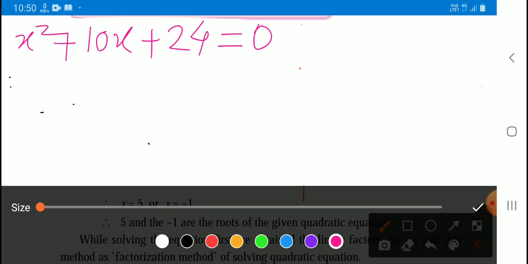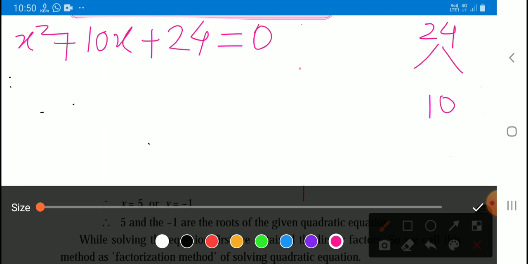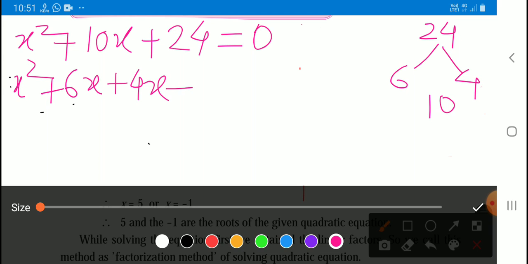Look here, you have to find the factors of 24 that add up to 10. Both numbers are positive, so you have to see the factors. Here I got the factors, 6 fours or 4 sixes. Now I will write x square plus 6x plus 4x plus 24 is equal to 0.